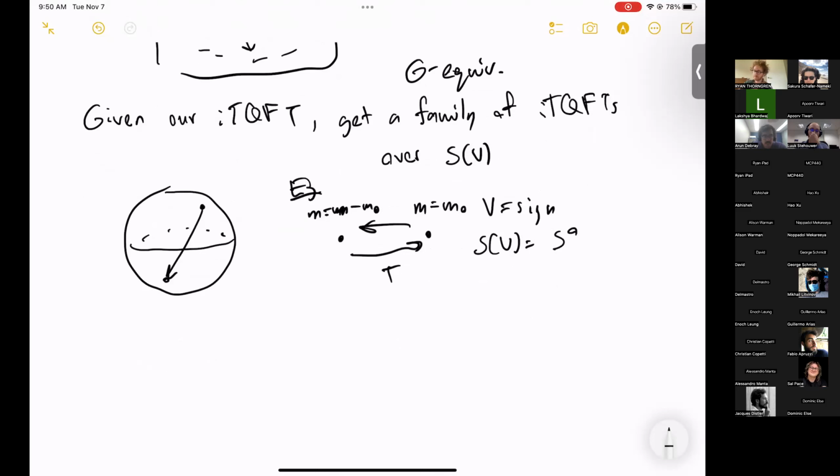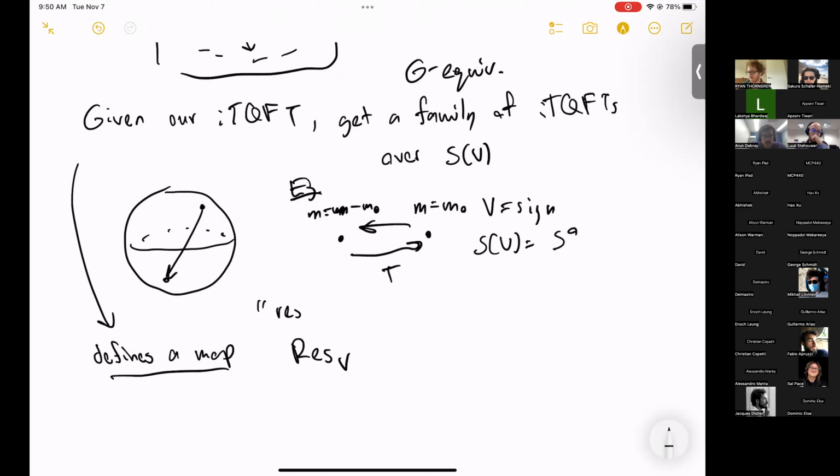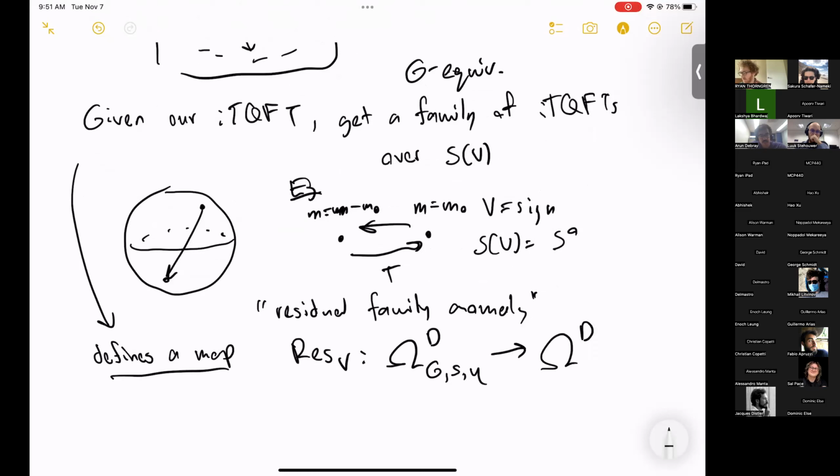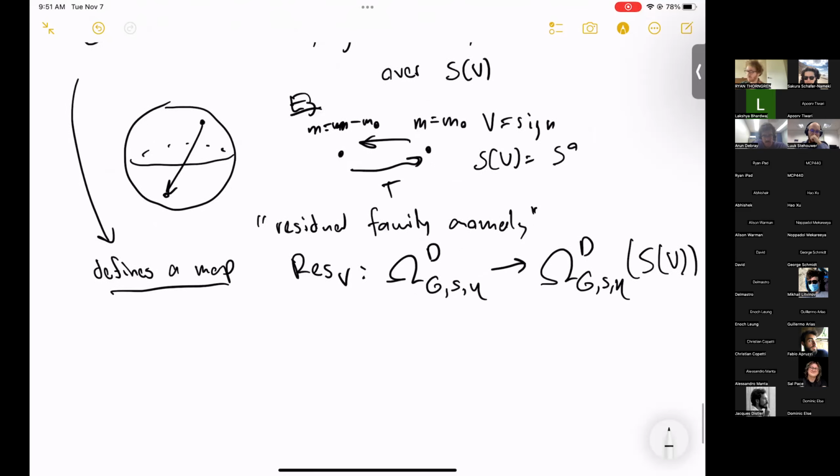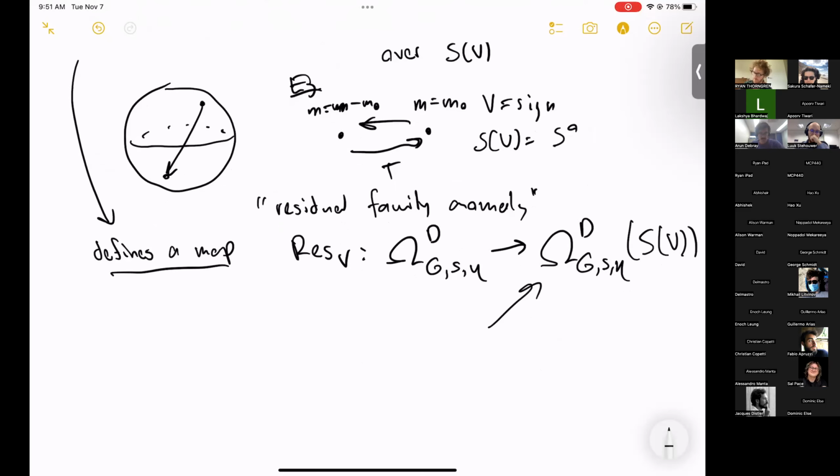And this defines a map called the residual family anomaly. It goes from our bulk anomalies, which were this type, and it goes to some kind of equivariant homology. So what you can think of is that these are invertible TQFTs.